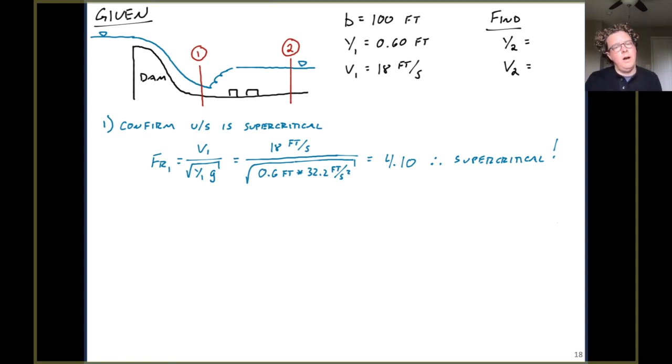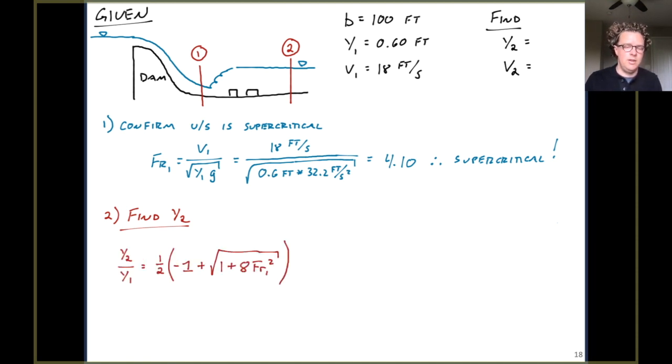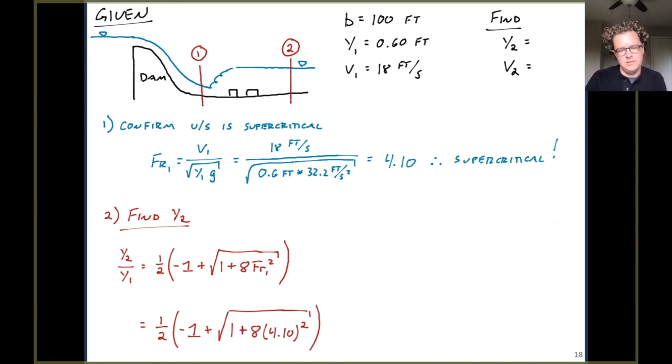I'm going to start by finding the depth on the downstream side of the dam. And so to do so, I'm going to grab the equation that we derived using conservation of momentum and conservation of mass. y2 over y1 equals 1/2 times the quantity minus 1 plus the root of 1 plus 8 times the upstream Froude number squared. Whew! All right. So plugging in some of those values, we have conveniently already calculated the Froude number at point number 1.